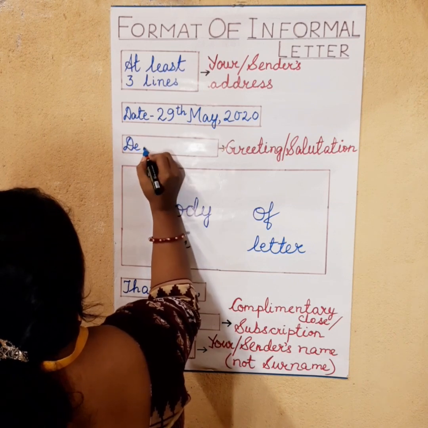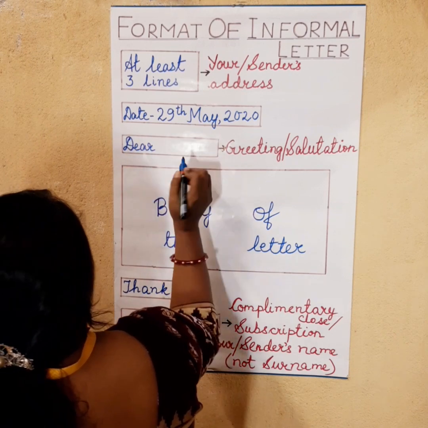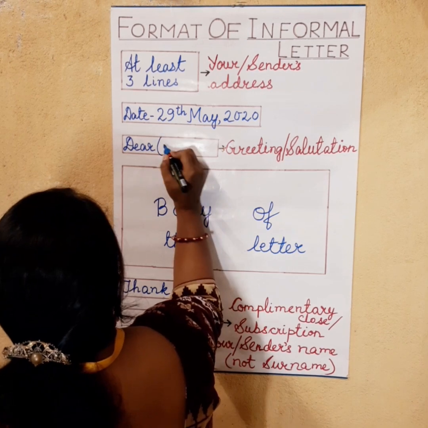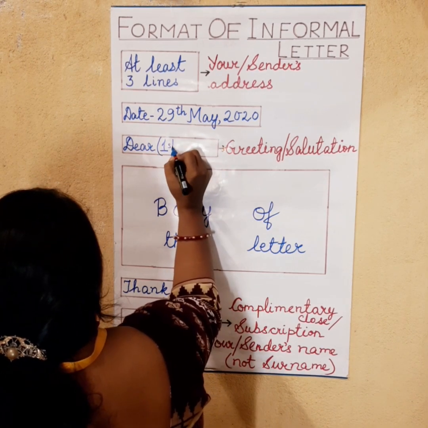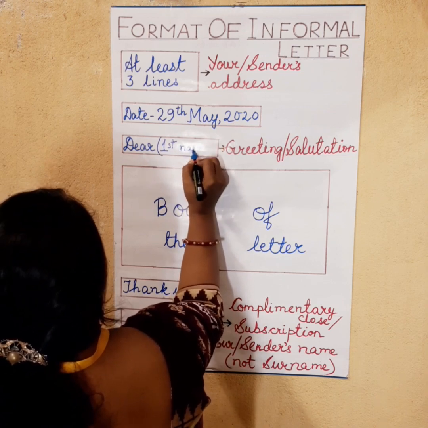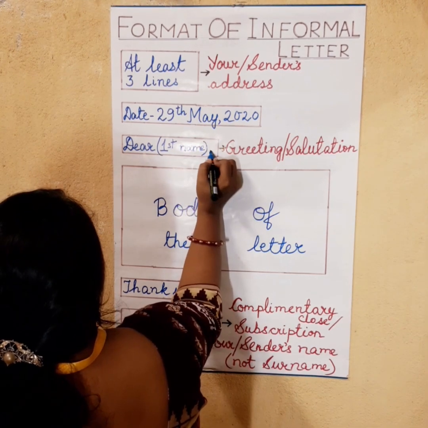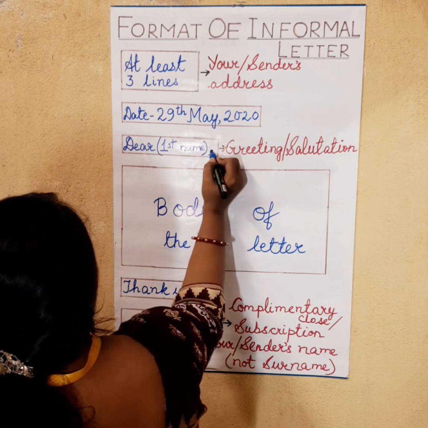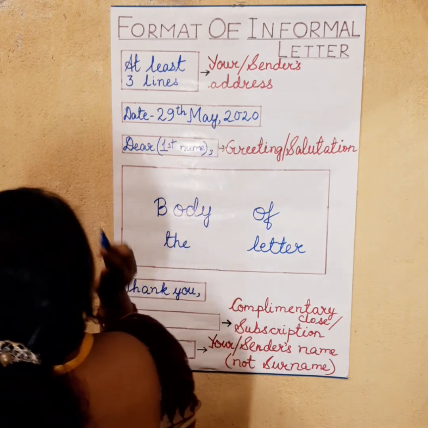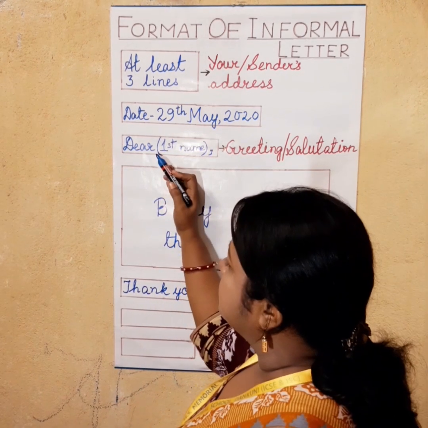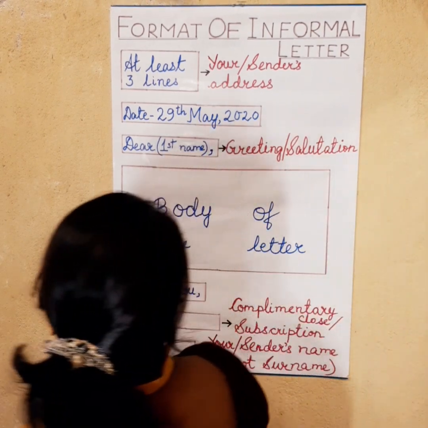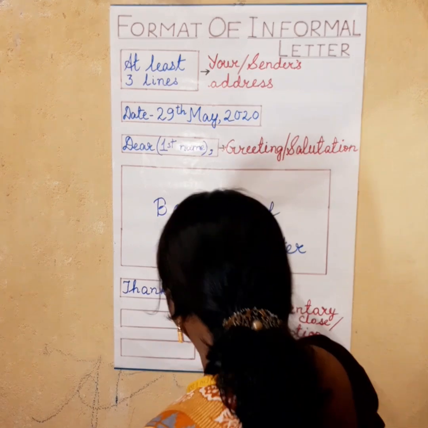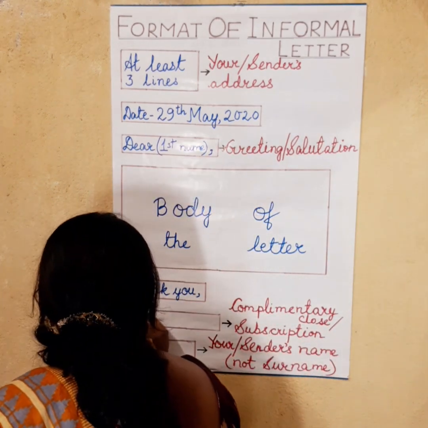And here, dear, you write only the first name of the person you are writing to. After that, a comma. Always remember. And never put a hyphen beside this dear. It's totally wrong and incorrect. Then comes yours lovingly.